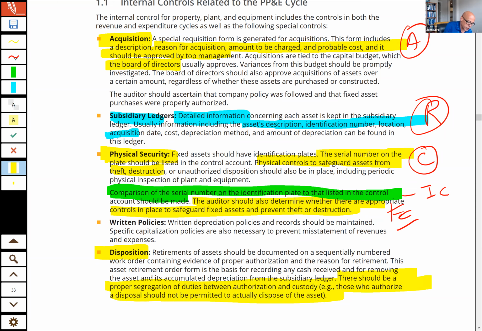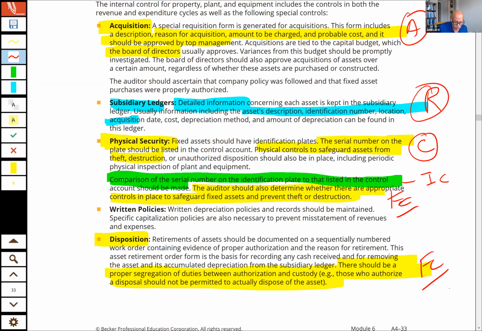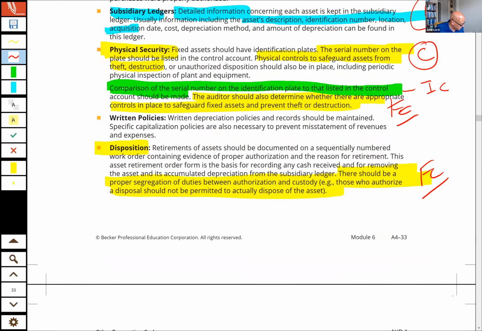So if you're disposing of an asset, it is somehow being removed from the premises because it's been sold or whatever, then there needs to be the proper authorization that's separated from the person that would actually do that physical work of removing that asset. Okay, and that again is internal control, separating authorization from custody.